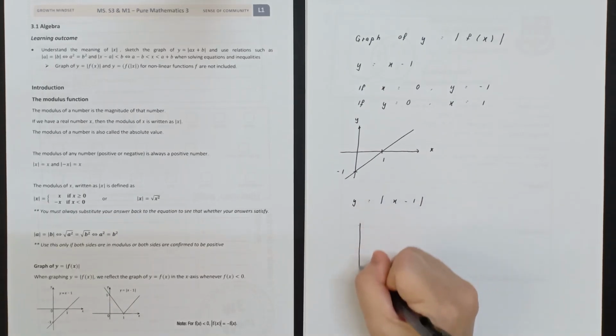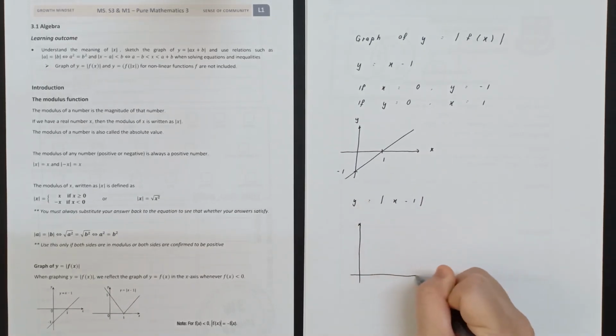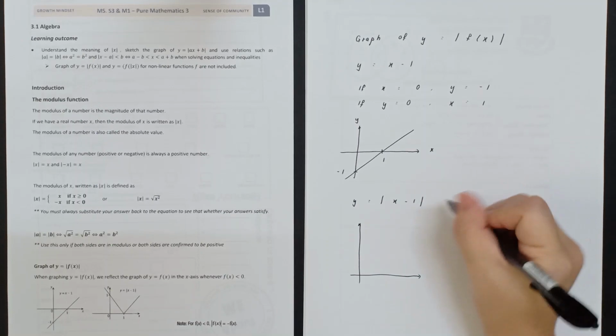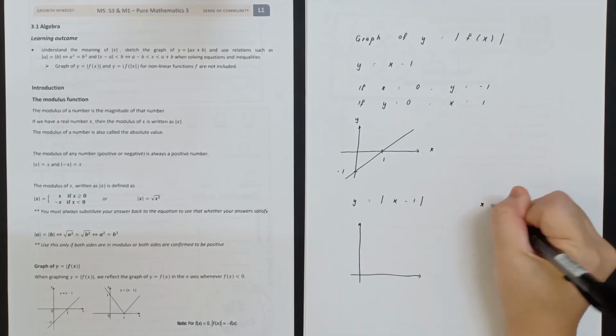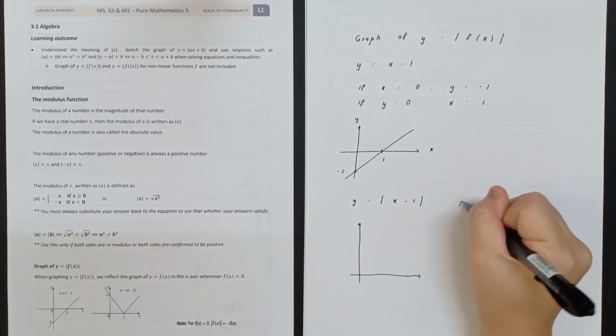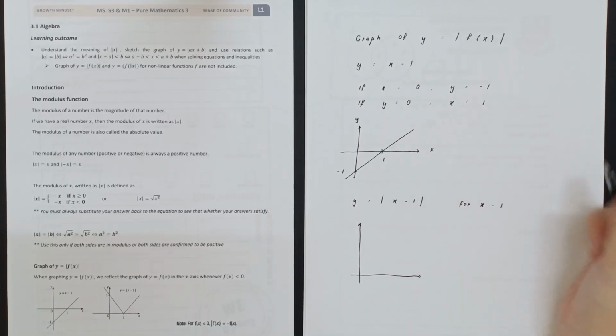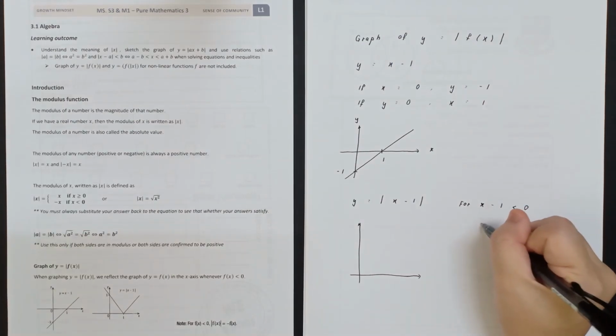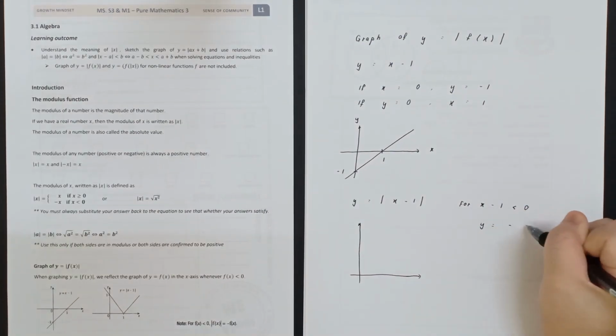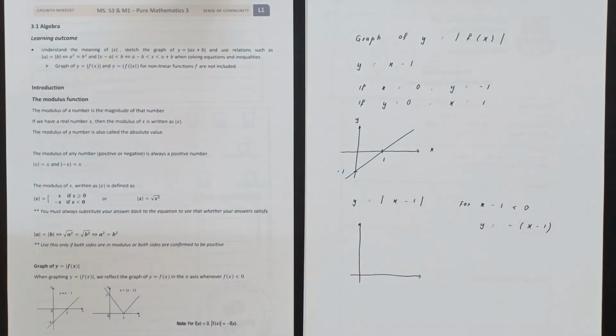So this is why for x minus 1 less than 0, meaning if it's negative, what will happen? You will need to do negative of (x minus 1). It's the same thing as what we have learned in transformation, that you will do the reflection at the x-axis. So how will it look like?